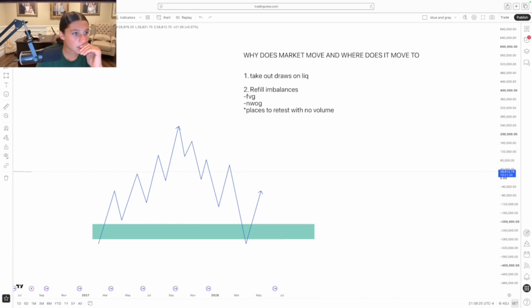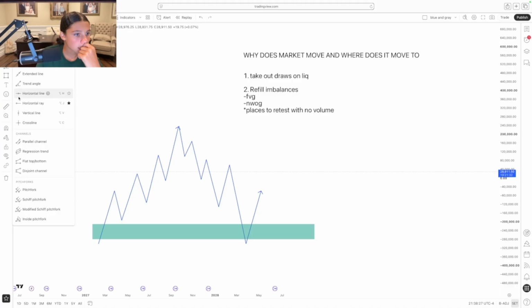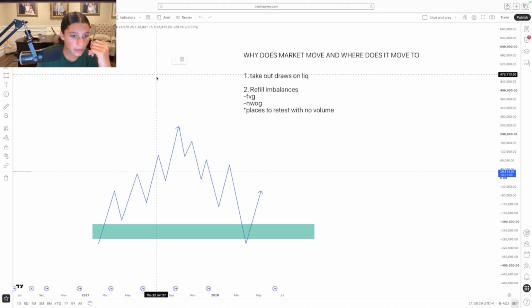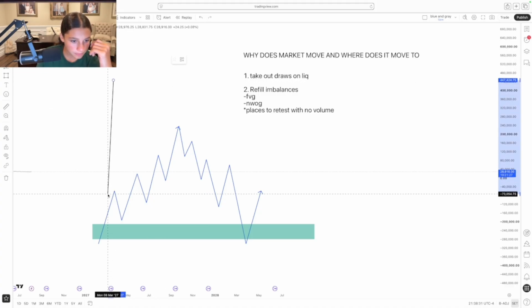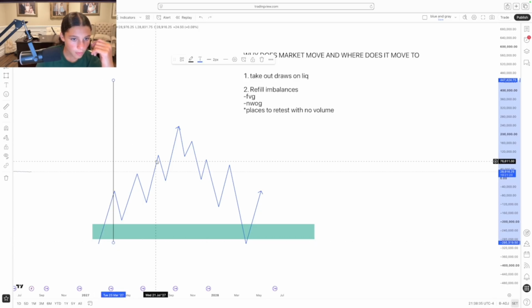So let's just say market opens right here, right? So market opens here. We come up.